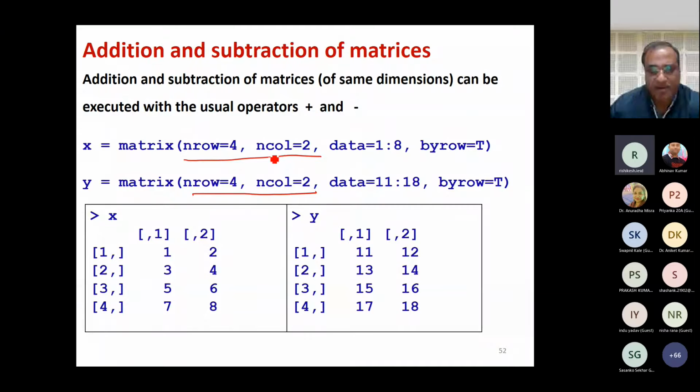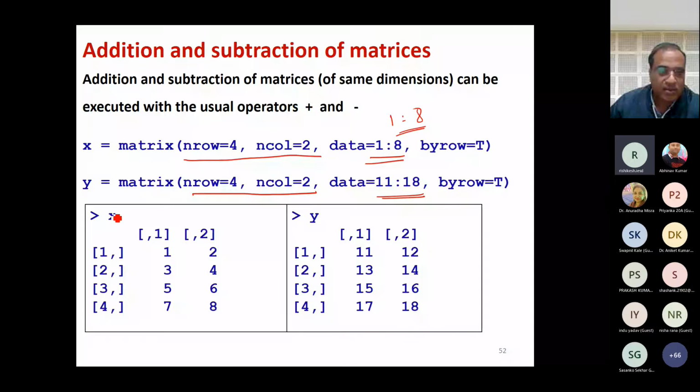And in the X matrix, I take the data 1, 2, 3, 4, 5, 6, 7, 8. If you write 1 colon 8, that is the command that the data from 1 to 8 is going to be there at an equal width. And similarly, if you write 11 colon 18, then the data is going to be 11, 12, 13, 14, 15, 16, 17, 18.